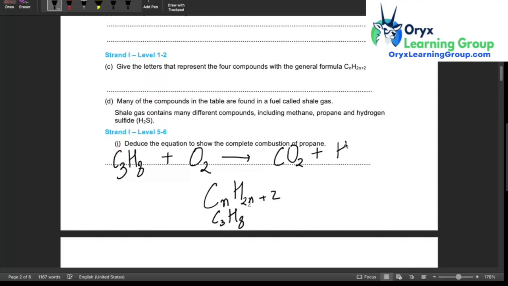Very good. Now, can you take a minute to balance this equation and tell me the final answer? All of you can try it out. I expect that this question will come in the exam, maybe not propane, but they can give you something else. But a balancing equation will definitely be there in the exam, so make sure that you practice this one.